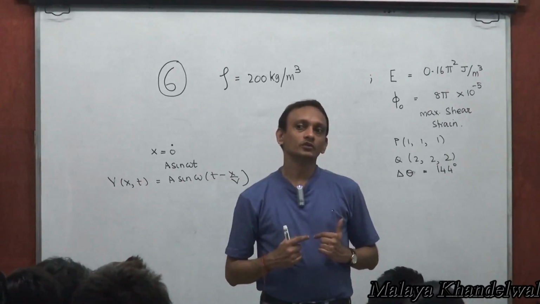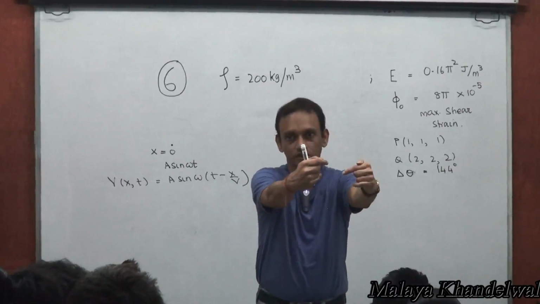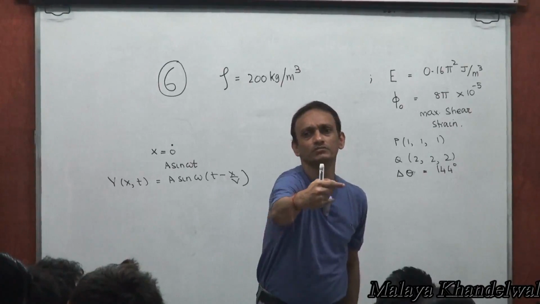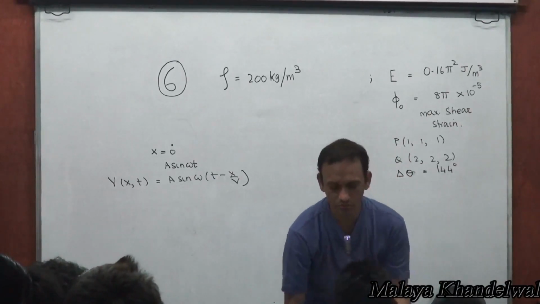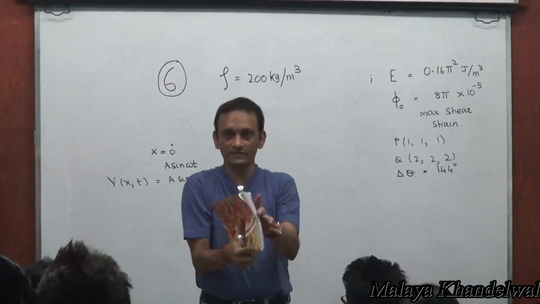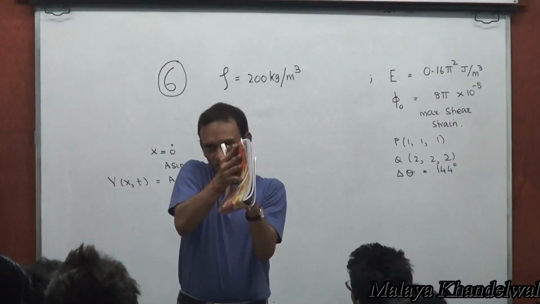Now, in a longitudinal wave, when the wave travels in this direction, the particles move like this. That's not changing the shape of the medium. What exactly do I mean by change of shape? See, this is one face and this is another face. This is a medium, and this face is being moved up and this face is moved down.